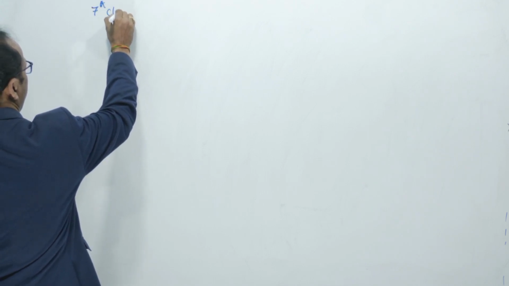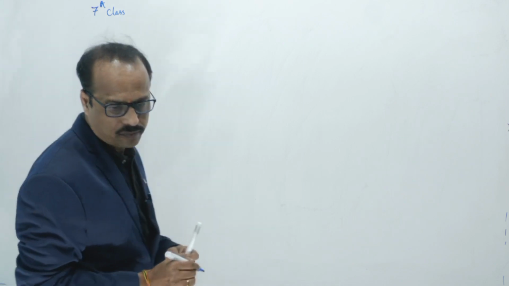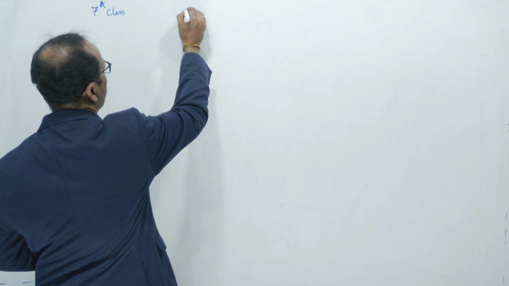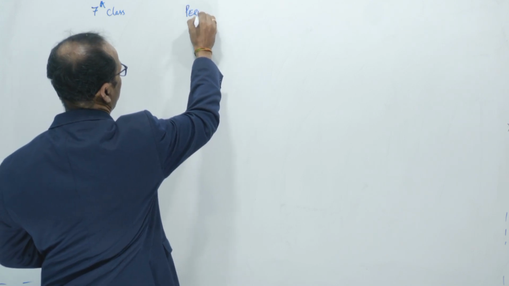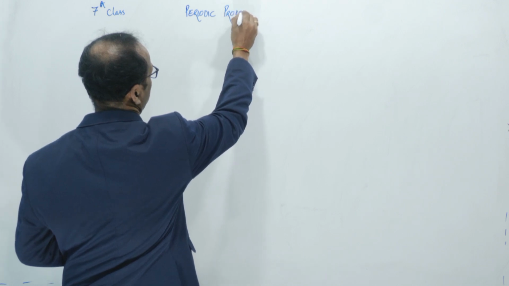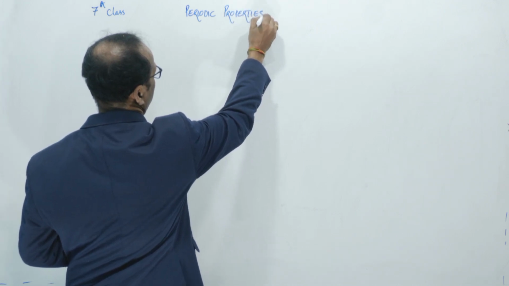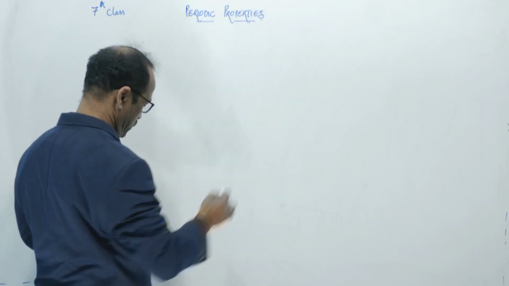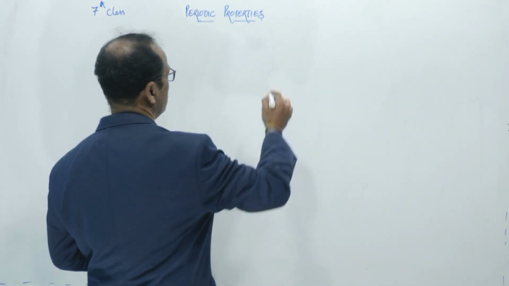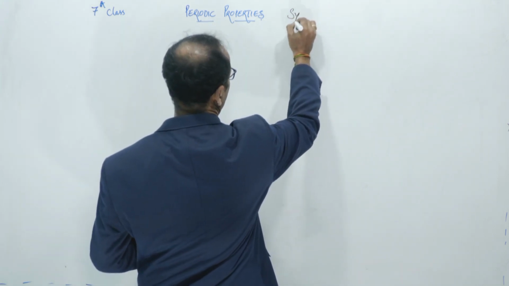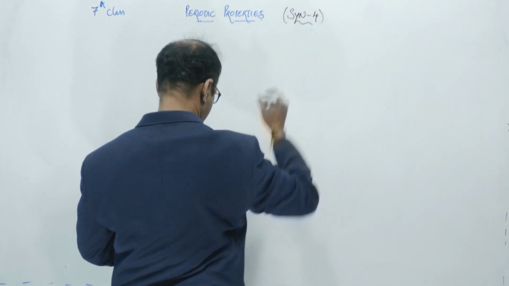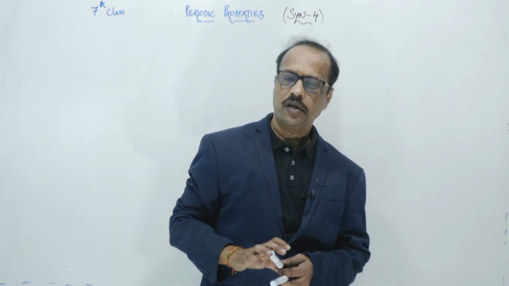So students, we are doing 7th class, and in that we are doing chemistry, periodic properties. In the last class, we completed synopsis 3, and today we start synopsis 4. What did we complete in synopsis 3?